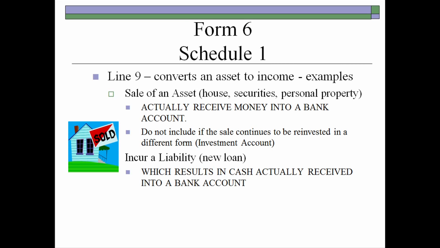Schedule 1, line 9, is the line item that you will use to convert a non-cash asset to cash.